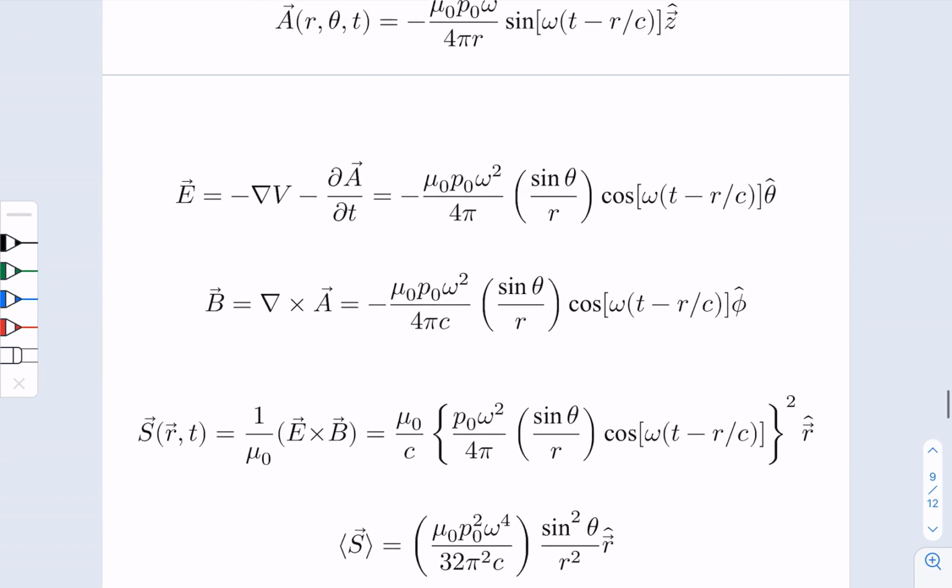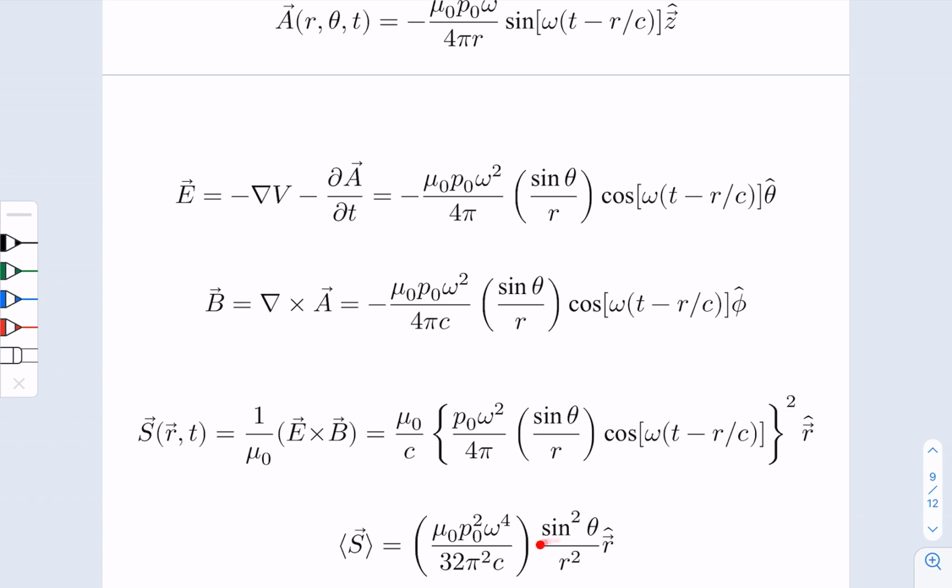Now if we average this Poynting vector, that gives you the intensity of your Wi-Fi strength. This will give you how your Wi-Fi signal looks over the whole space, right?